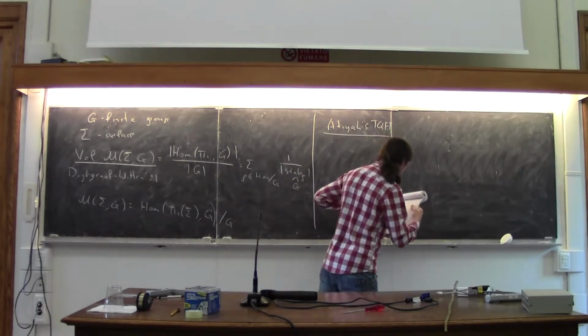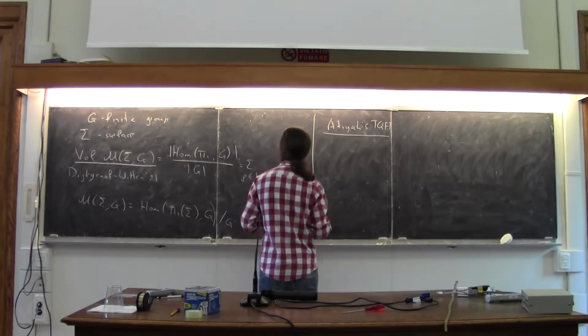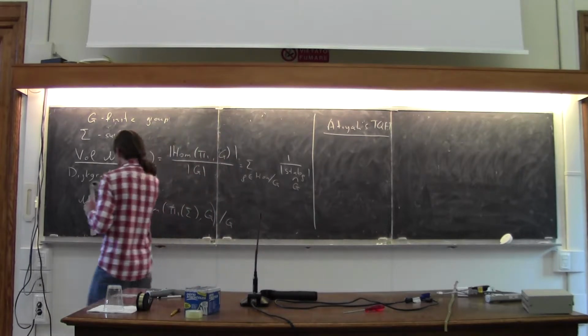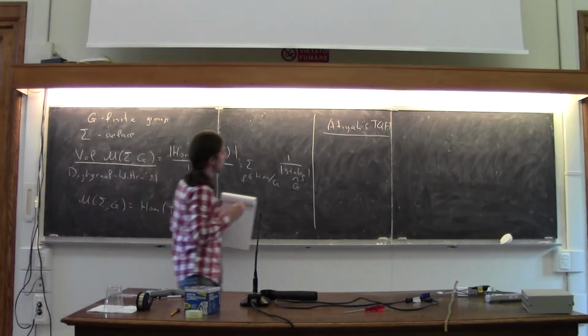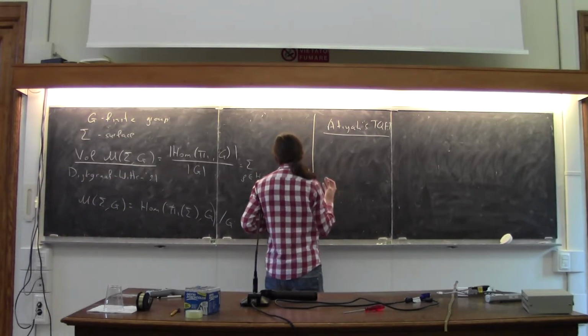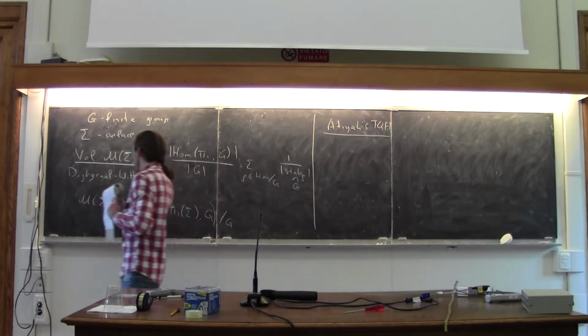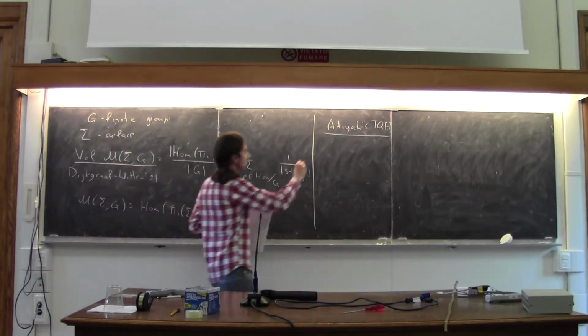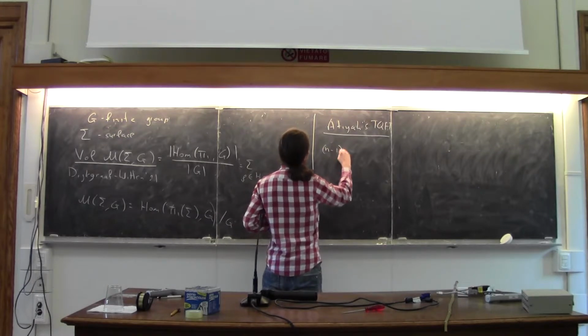So in this case, I'm supposed to prescribe some vector space to a closed n-1 dimensional manifold.